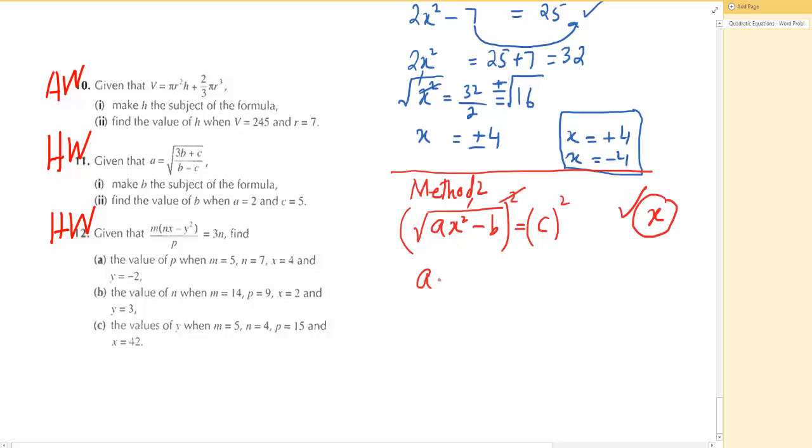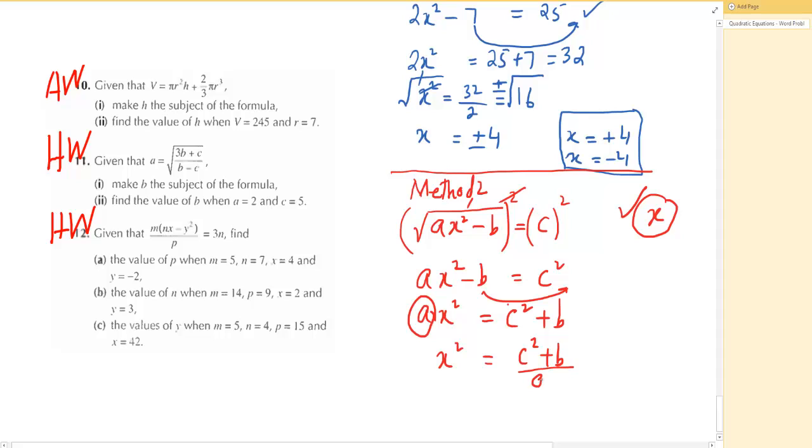It will be ax square minus b is equal to c square, and then bring this b over here. It is c square plus b, and then divide by this a: c square plus b over a. Now take square root on both sides.